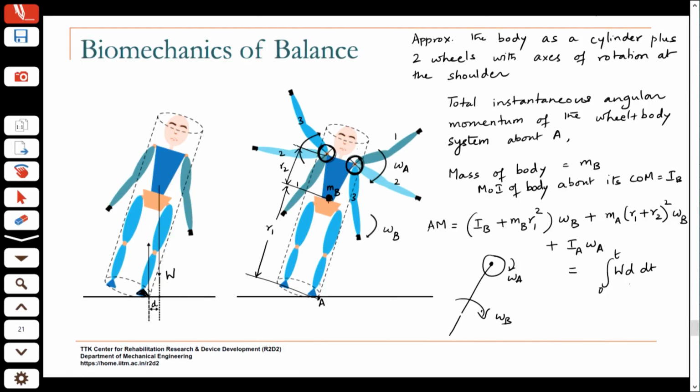Then what happens is, you do not have control over omega B, but you do have control over omega A. This is one quantity which is influenced only by W and D. If I take a snapshot, then this is going to remain the same, but I can play with the contribution.